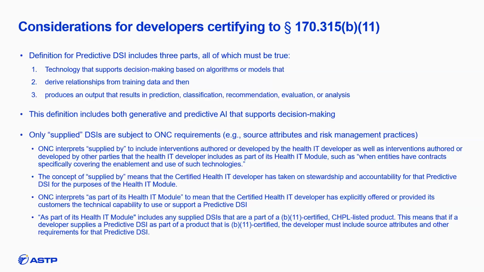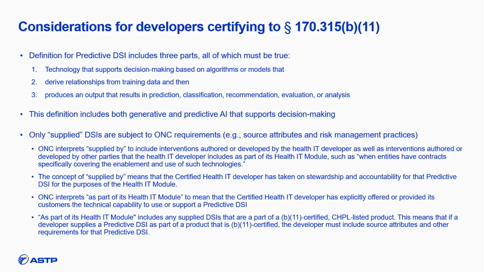We have a number of clarifications that come directly from the HTI-1 final rule regarding supplied DSIs. It's only those supplied DSIs that are subject to ONC requirements. So some of you may have technology that meets the definition of predictive DSI, but you may not actually supply that as part of your (b)(11) certified module. We've got a number of clarifications here in terms of how ONC interprets supplied by.